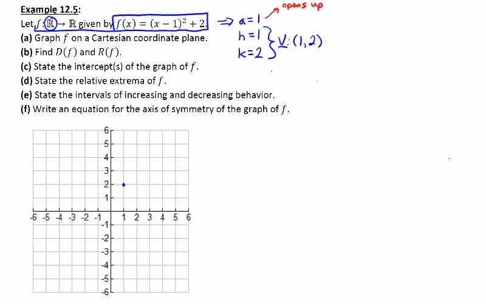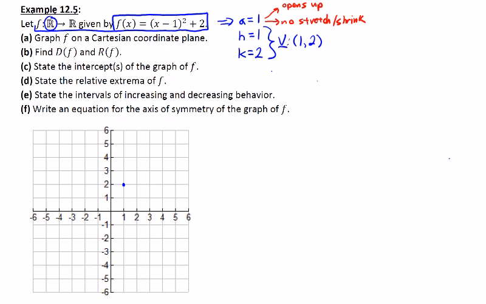Second thing, because it's just 1 and not 2 or 3 or 1/2, there is no stretch or shrink. Which means that this graph is going to look just like the parent function for quadratic. It's just got the vertex moved to (1, 2).